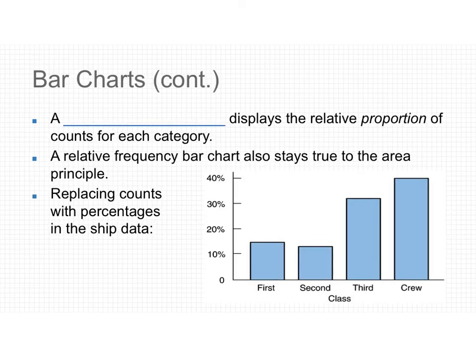A blank displays the relative proportion of counts for each category. So go and find that. All we did is change the raw data into percentages, just another way to show how things fit together. Looking at these displays, you get some information right away, even if you didn't have numbers over on the side.